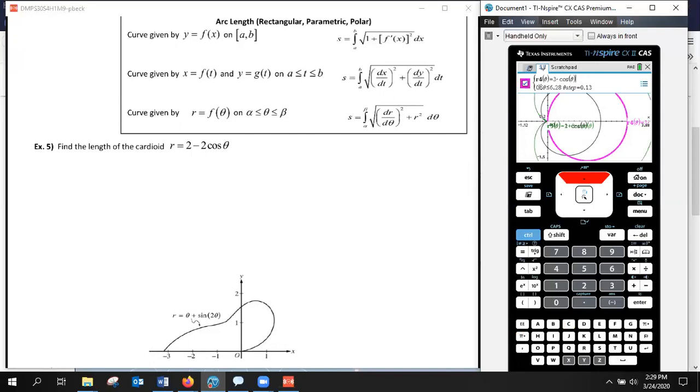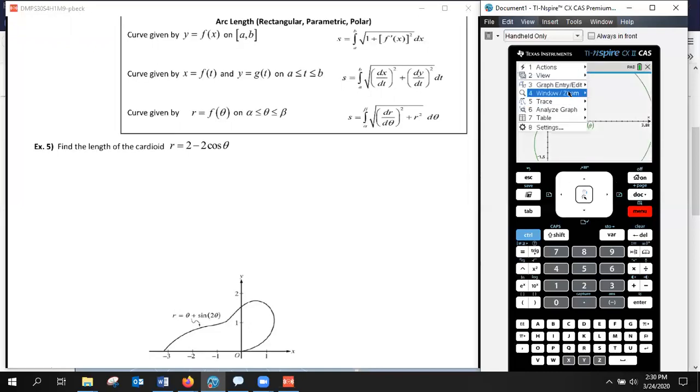Let's turn off the other ones. Okay, which means I'm going to have to zoom out. Let me try that one more time just to make sure I got the right zoom out. All right, let's do a trace on this one just so we can see how this is being created. Trace, path plot. Let's go polar.